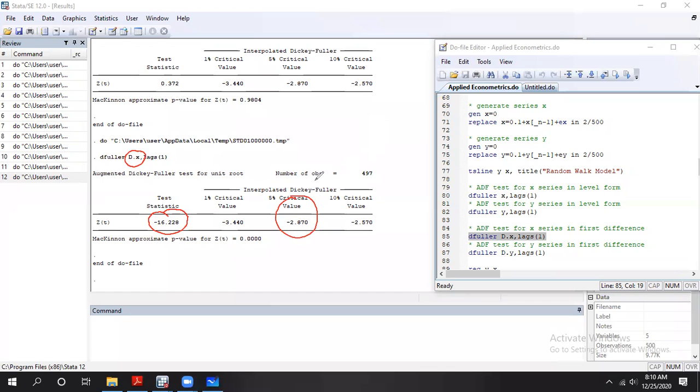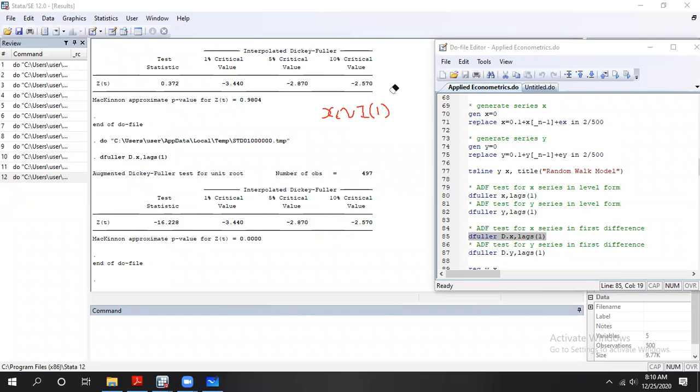In this case, the data of the X is stationary at first difference. So at level it is non-stationary, and at first difference it is stationary. So the Xt is integrated of order I(1).